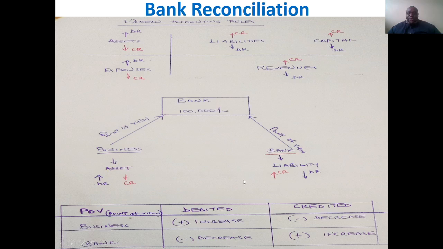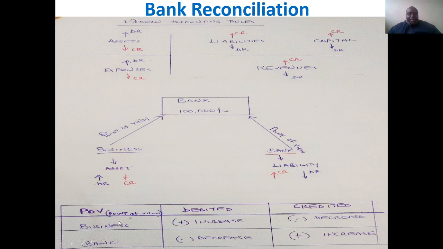That's why you will receive information, either SMS or a call or a statement by the bank telling you that we have credited your account with, let's say, 10,000 if a deposit is made, or we have debited your account with 5,000 if money is moving out of the account of that business in that bank.